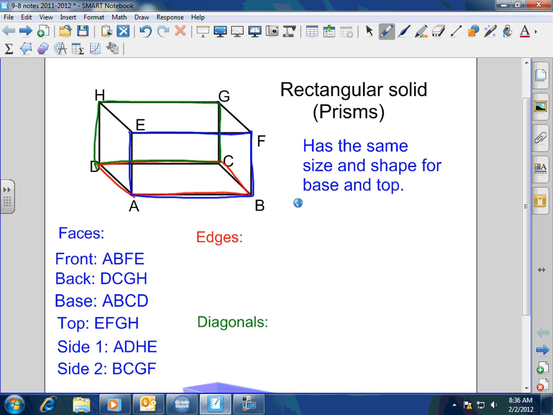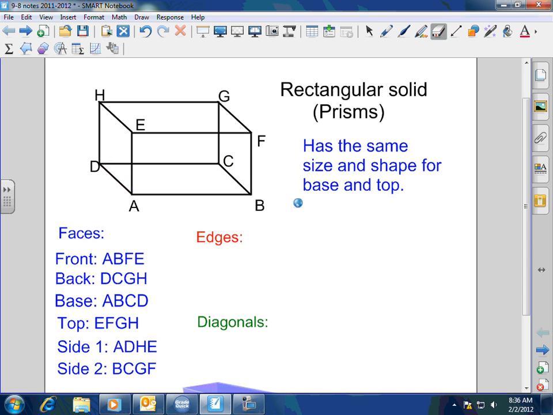Regardless, wouldn't HDCG and ABFE be opposite of each other regardless of who you called the front or the back? Okay, so we're going to move on at this point. No, that is called a pyramid. We're going to get to that in a second.